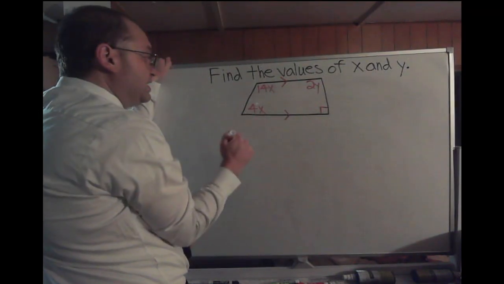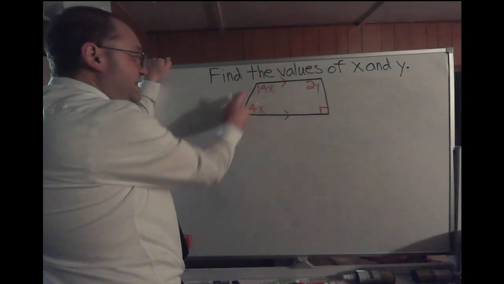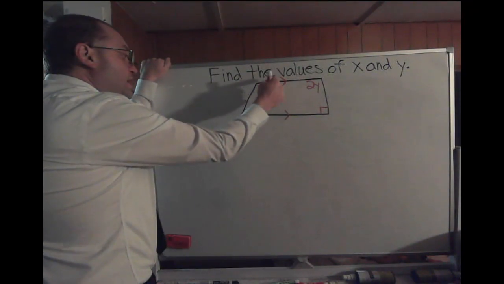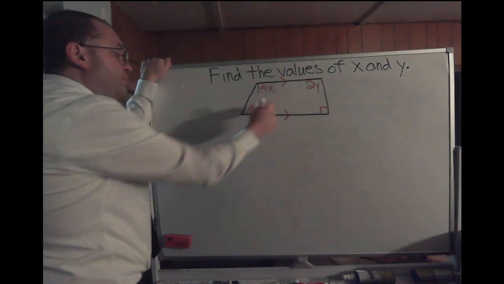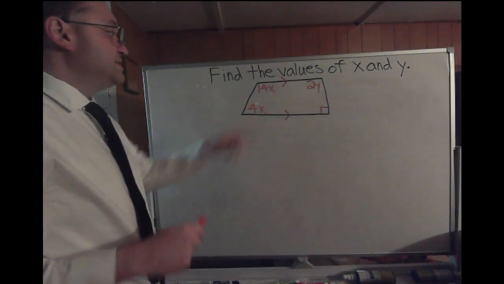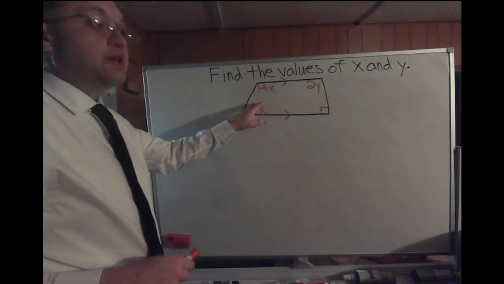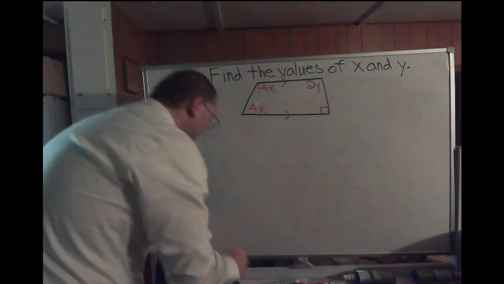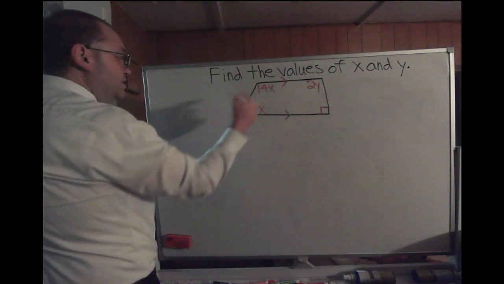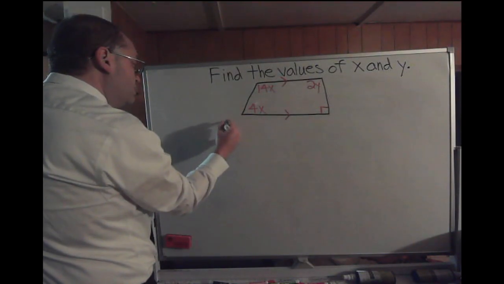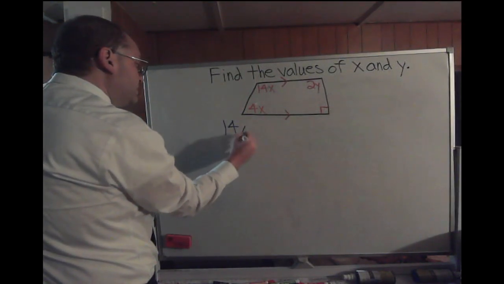Let's start with x. This left side is definitely the transversal between the top and bottom lines. What do we know about transversal lines and same side interior angles? They're supplementary, correct? So to find x, since 14x and 4x are supplementary, we're going to add them together and set them equal to 180.